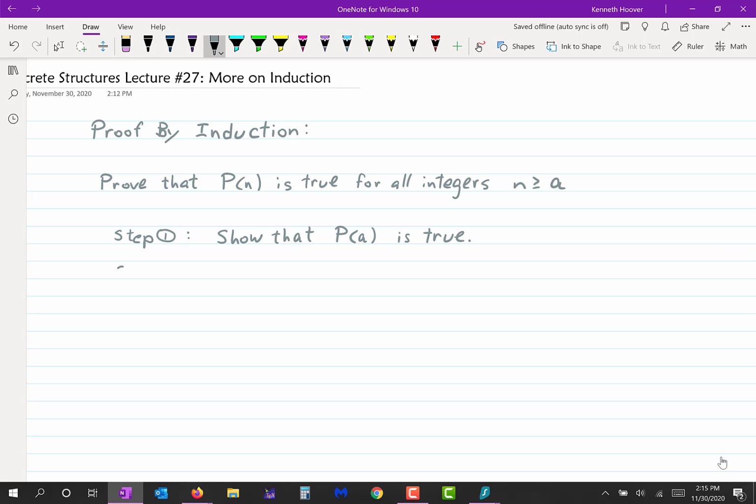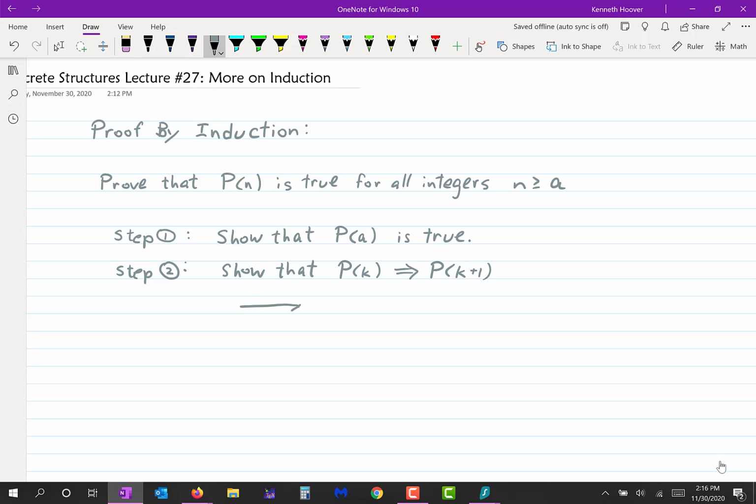Okay, and then step two, show that if P of k is true for some integer k, then P of k plus 1 would also be true.